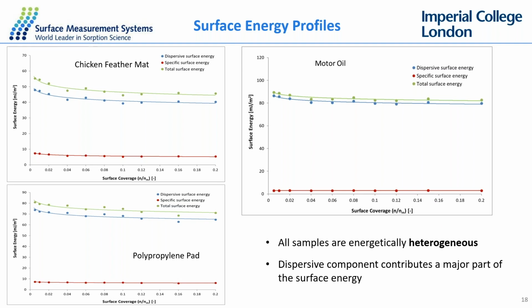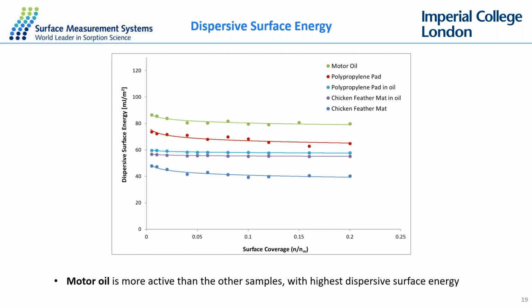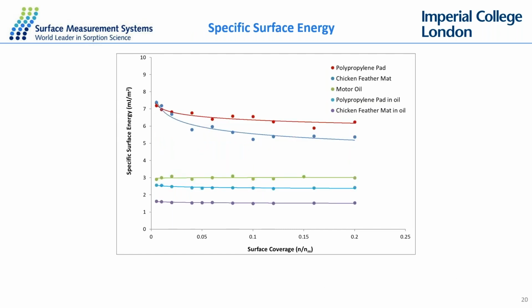If we look at the chicken feather mat, we see that the dispersive component contributes the major part of the surface energy, and it's the same for all of them. For the dispersive surface energy, the motor oil is the most active. And then for our specific surface energy, we see that the polypropylene has more functional groups on it than the chicken feather mat, and so it has the highest.